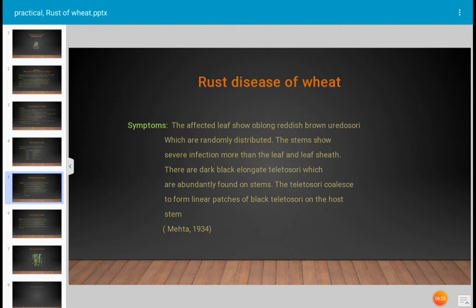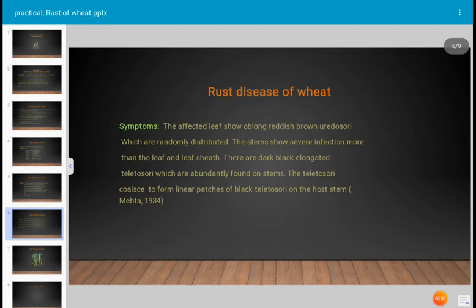The stem shows more severe infection than the leaf and leaf sheath. Teliosori are elongated, dark black and abundantly found on the stem. Many teliosori mix up and form large linear patches of black teliosori on the host.